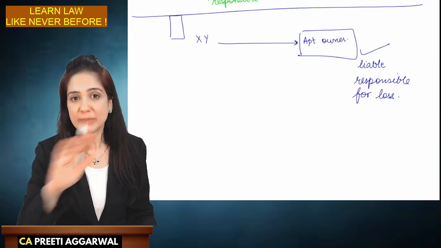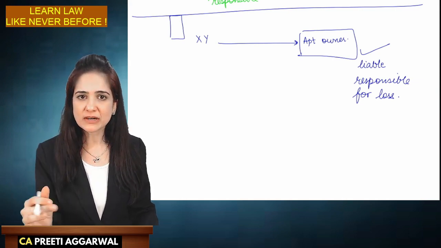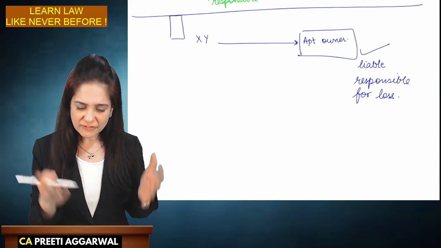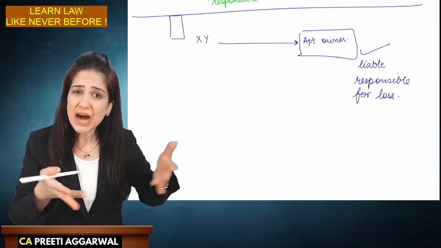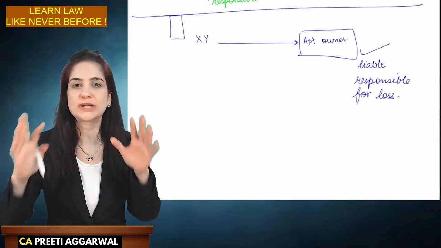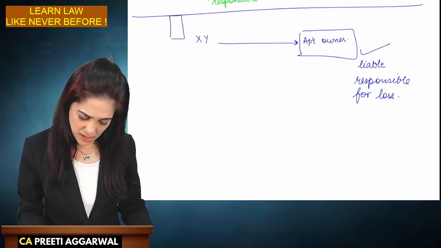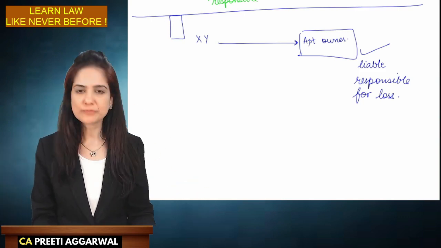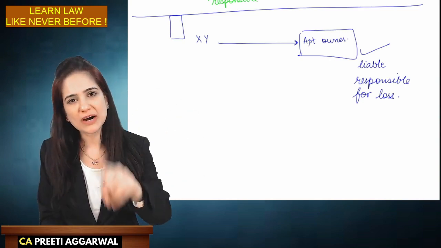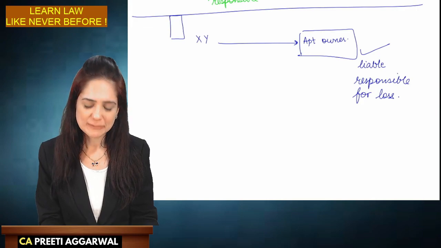You cannot miss it, because in case of fire, you just look at that map and find the exit. So if there are terms and conditions, at least ask them to read those terms and conditions or place them at a prominent position so that they don't miss it at all. So in this case, we will assume that the terms and conditions were not properly communicated. The apartment owner will be responsible.